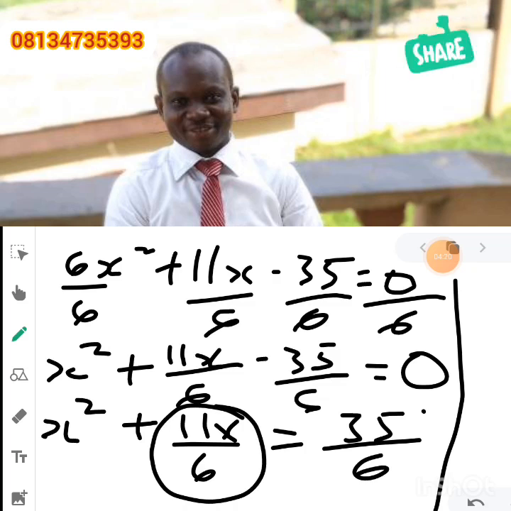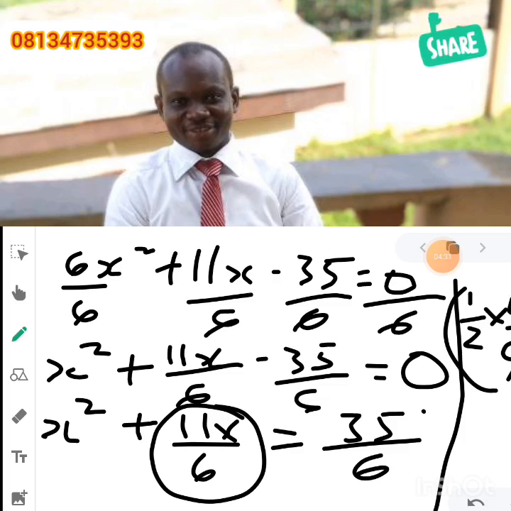That means we say 1 over 2 times 11 over 6. That is half of it. Then we are asked to square it. So we're going to have 11 over 12 all squared.